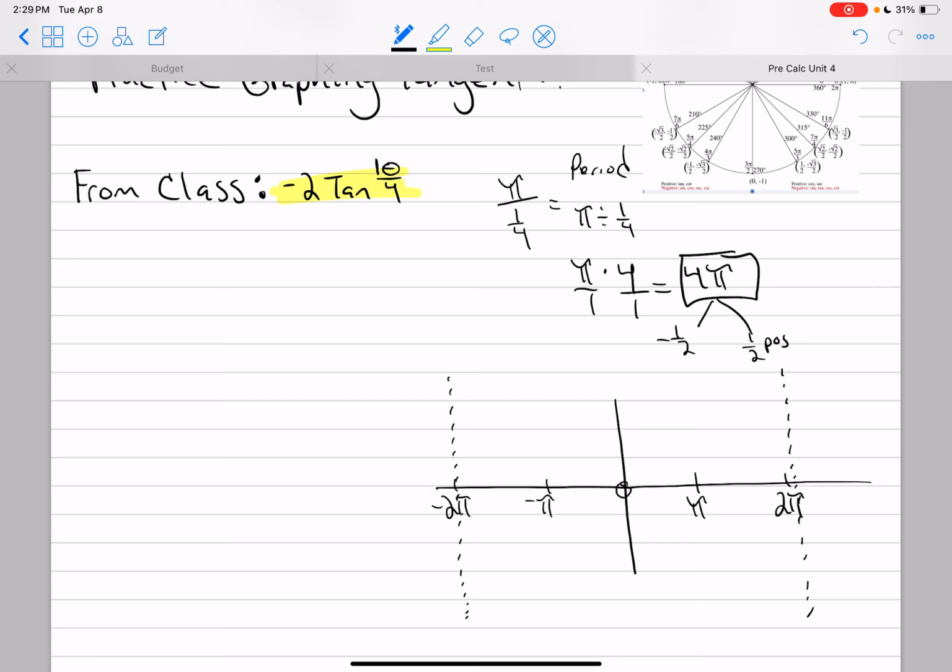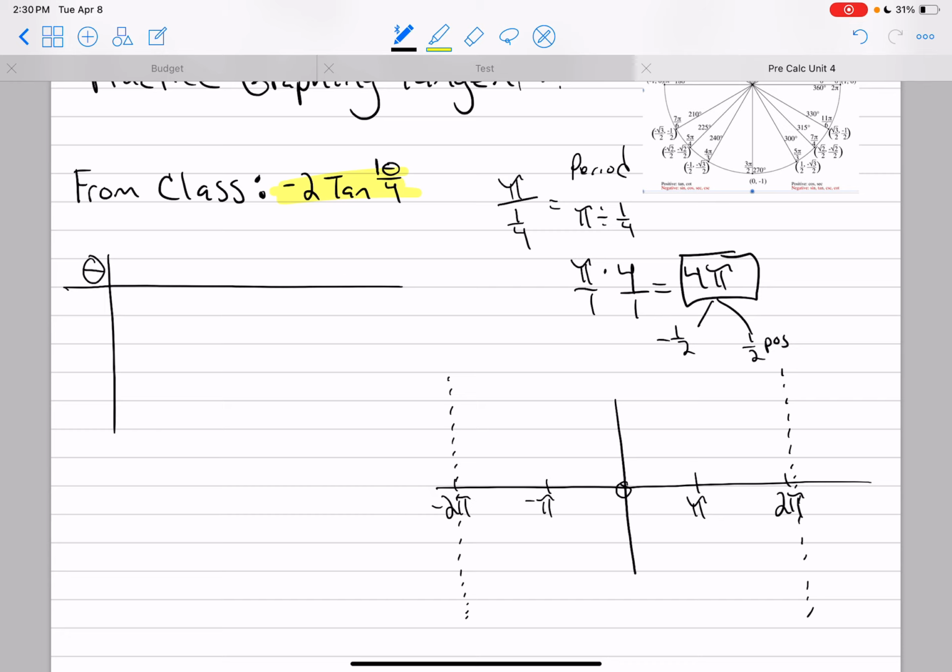Now all I got to do is figure out where these 3 spots are. Because I know what the graph looks like, but I can figure out where these 3 spots are. So to do that, I am going to make a table.